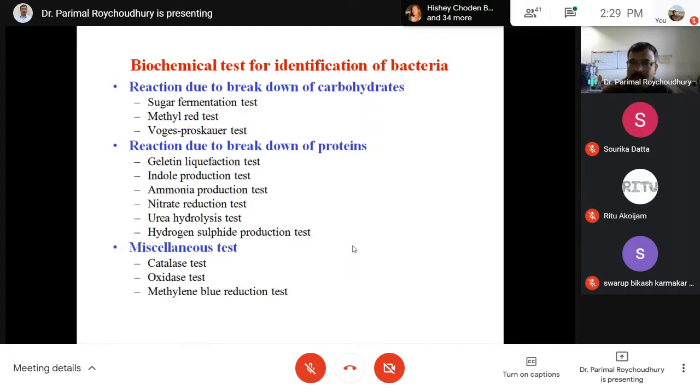Likewise, we can go for gelatin liquefaction, indole production, ammonia production, then nitrate reduction tests, etc. Then, of course, there is a category called the miscellaneous tests, where many different types of tests are grouped, and mostly the enzyme activity of the bacteria is assessed in those tests.